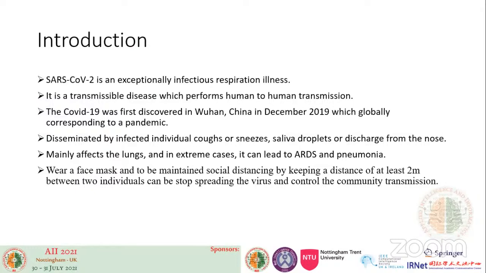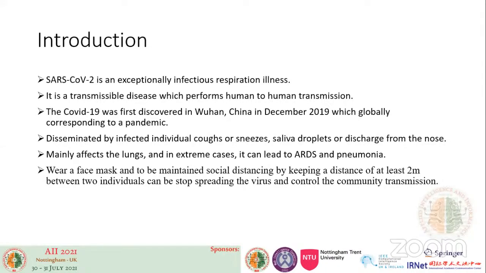Coronavirus disease is an infectious respiratory illness caused by severe acute respiratory syndrome coronavirus 2, which performs human-to-human transmission. It was first discovered in Wuhan, China in December 2019, and it developed into a pandemic. It is disseminated by infected individuals' coughs or sneezes, saliva droplets or discharge from the nose.